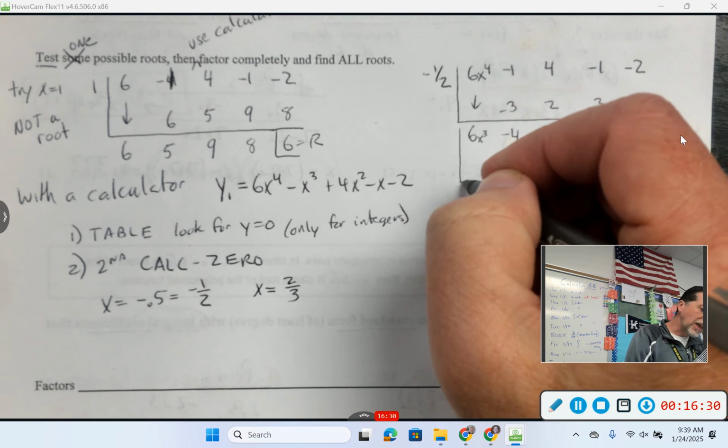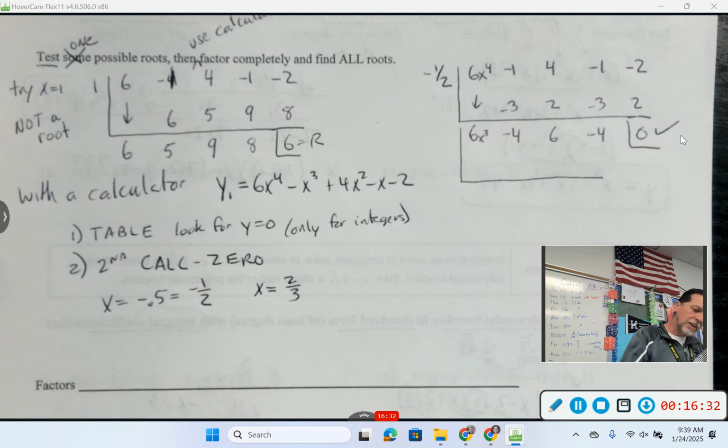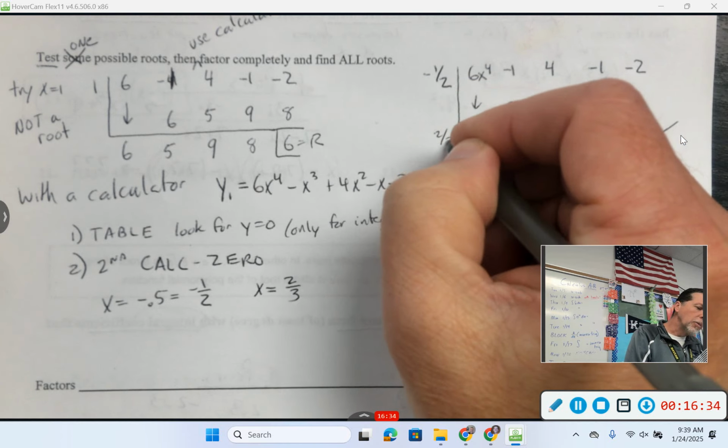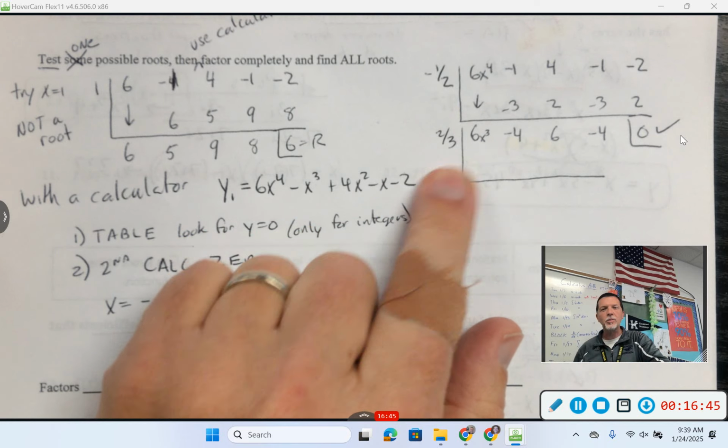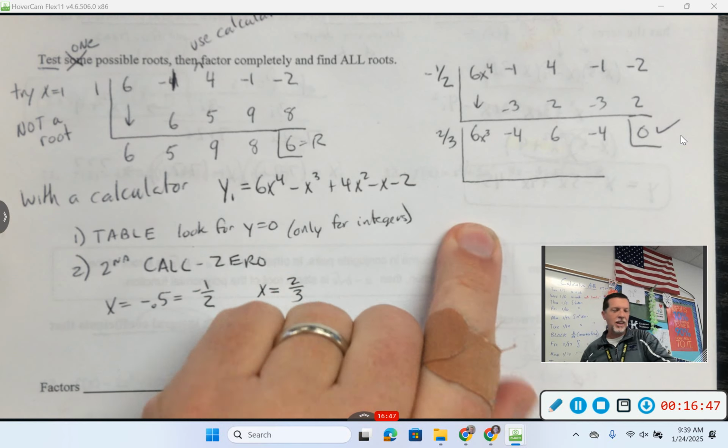And here's the fun thing. We can use the other root on the reduced coefficients. So every 0 we find knocks us down a power. We started with x to the 4th, we found 1, now we're down to x cubed. We found another, this should take us down to x squared.